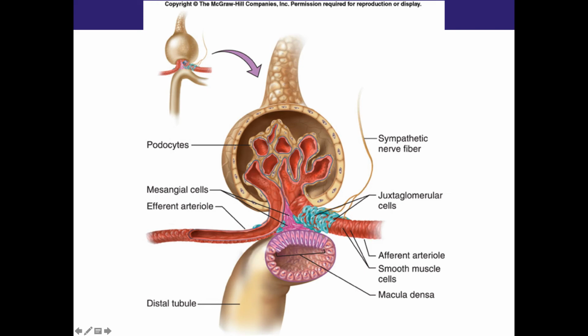That perfuses the nephron, and then the renal vein, right? We'll talk more about these cells, juxtaglomerular cells and mesangial cells. They have regulation, and here's the distal tubule. Remember, there is some signaling happening here, intrinsic mechanisms that are regulating the flow into the Bowman space, but we'll talk more about that later.